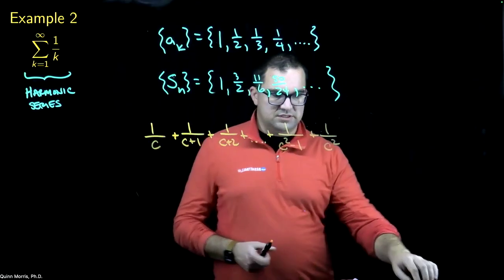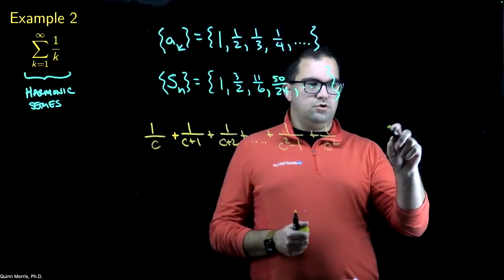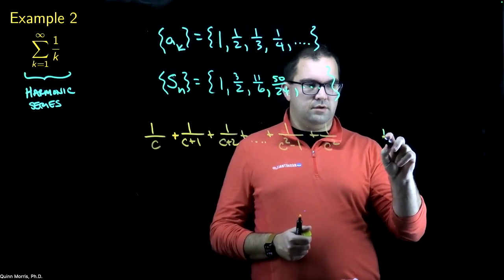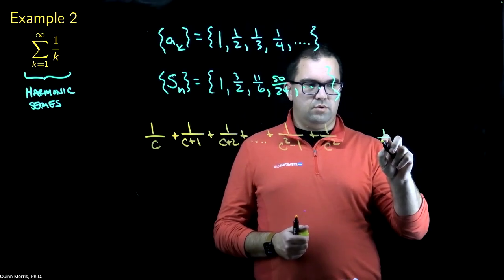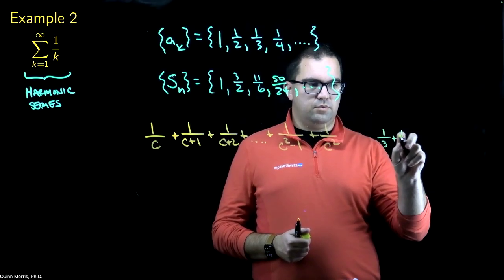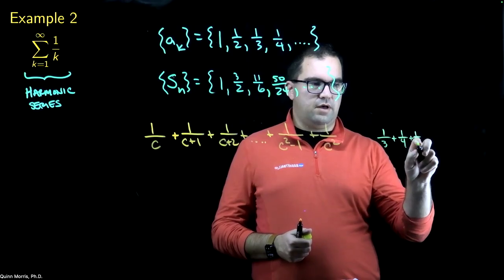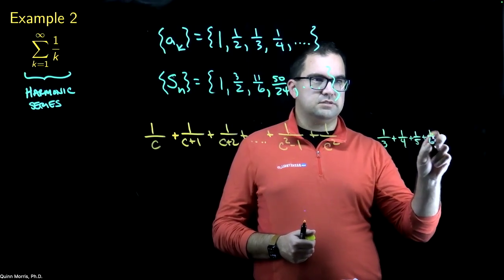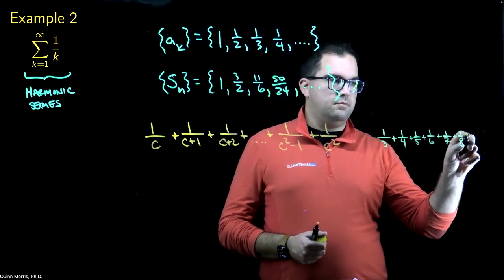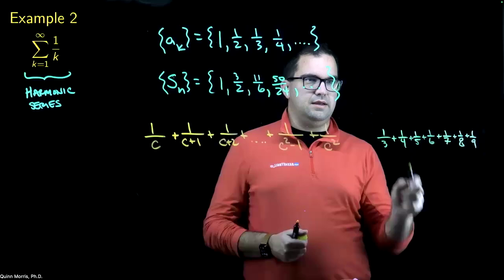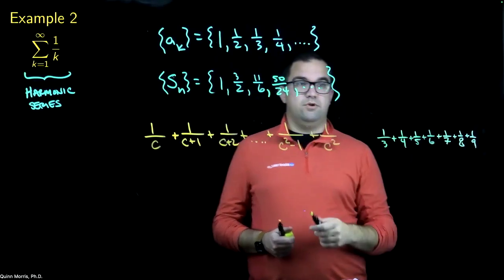Off to the side here, just as an example, you can imagine 1 over 3 plus 1 over 4 plus 1 over 5 plus 1 over 6 plus 1 over 7 plus 1 over 8 plus 1 over 9. This would be the example when c is equal to 3.